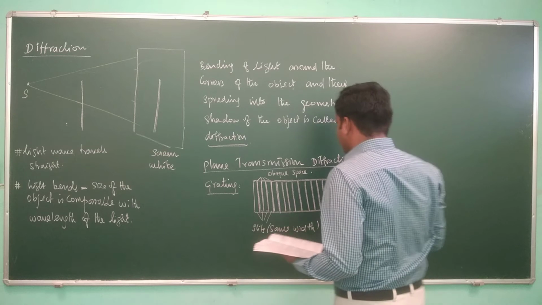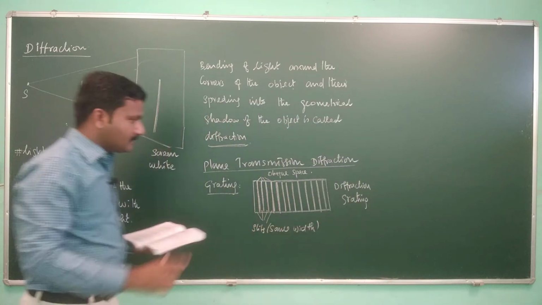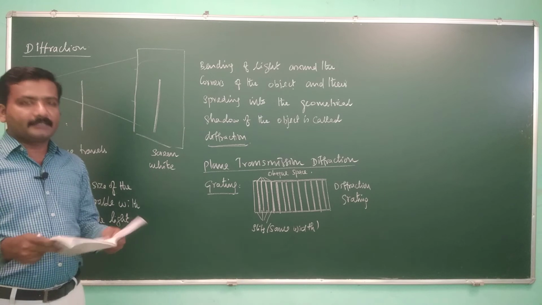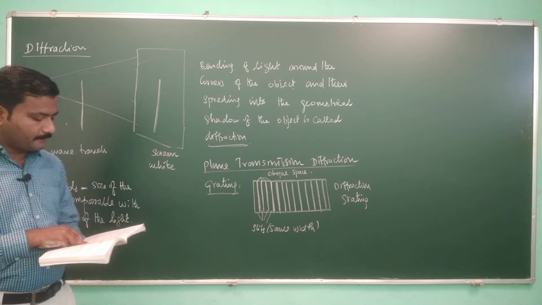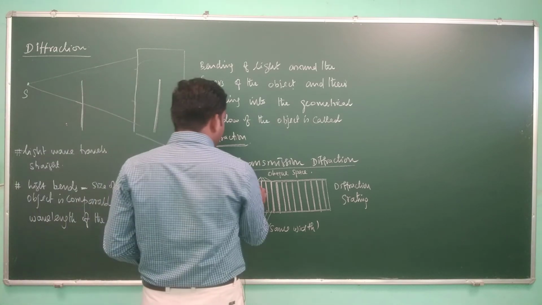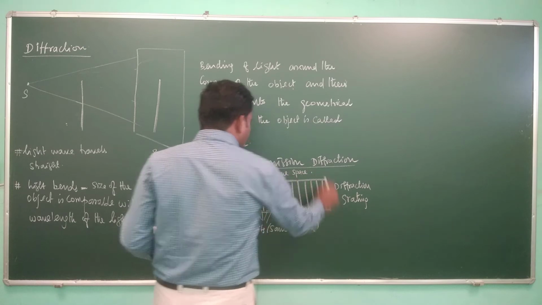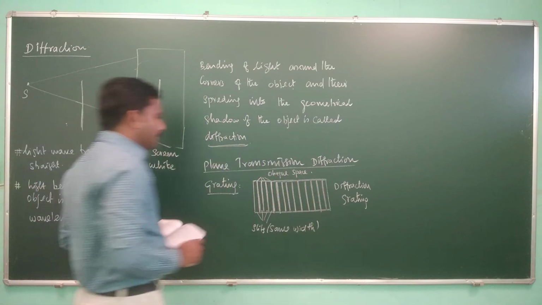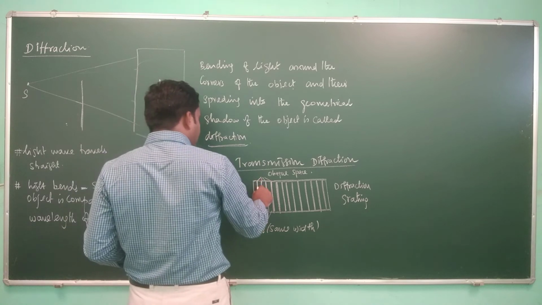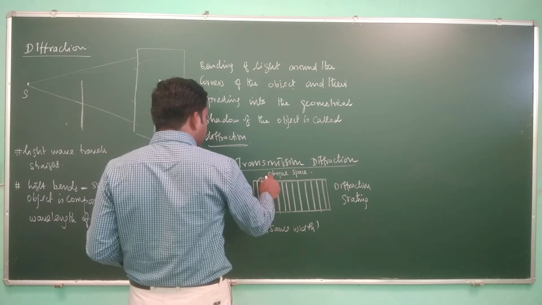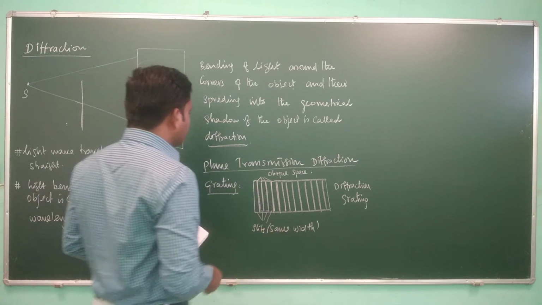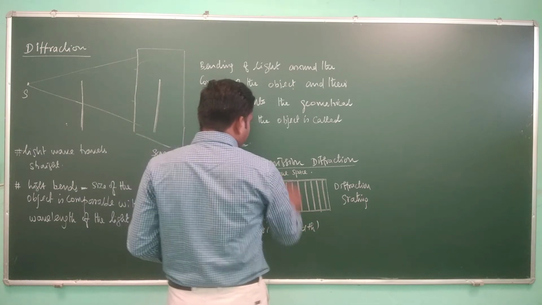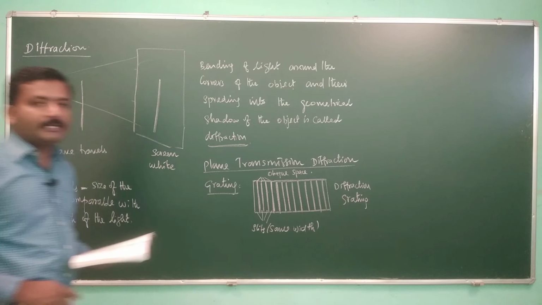By taking a transparent glass plate, a plain glass plate, and making equidistant lines, that is, making a ruling, parallel lines, we can draw.